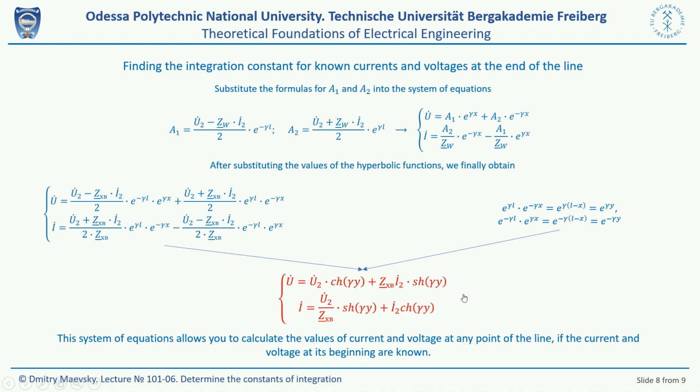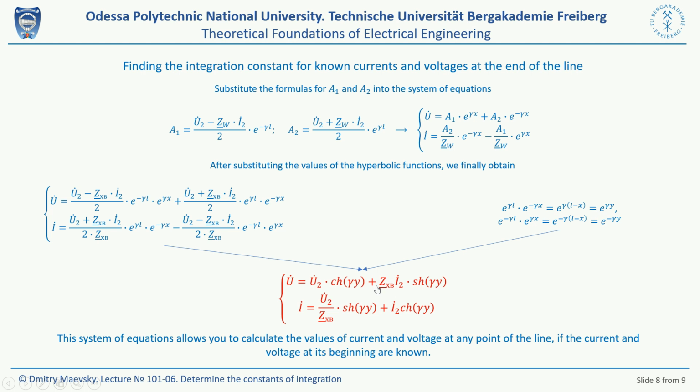The system that we have received allows us to calculate the voltage and current at any point of the line, which is located at a distance y from its end. In the resulting equation, the spatial coordinate is clearly visible, and the time is hidden in the complexes of voltages and currents.